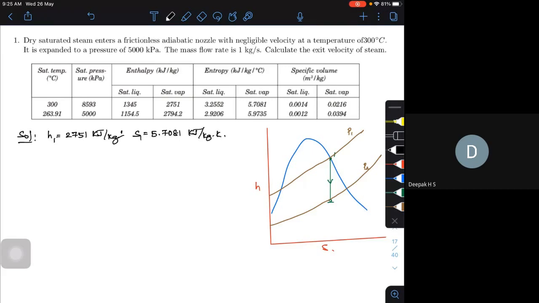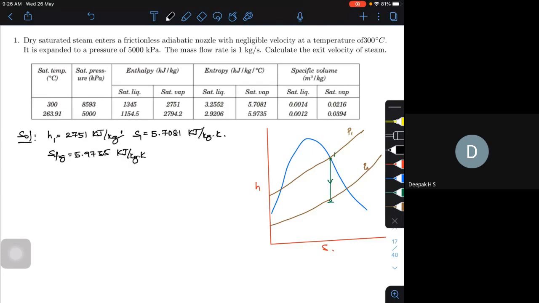Now what are your entropies at point 2? The entropy of the vapor, SG, is 5.9735 kilojoules per kg Kelvin.